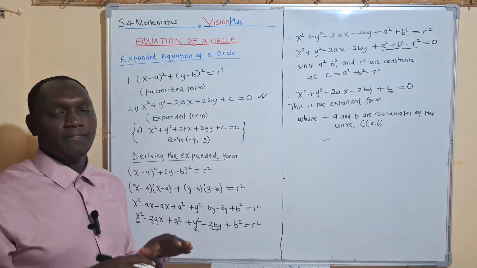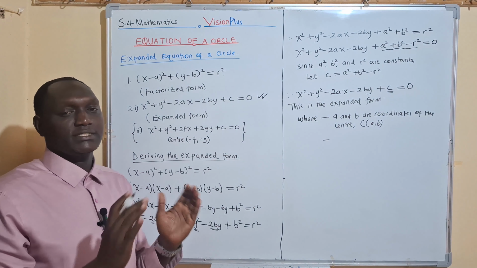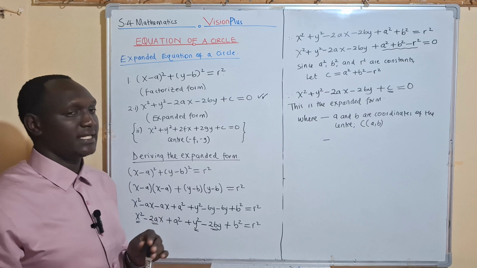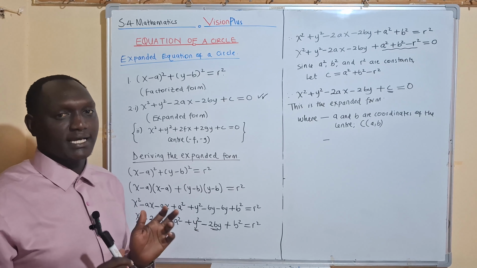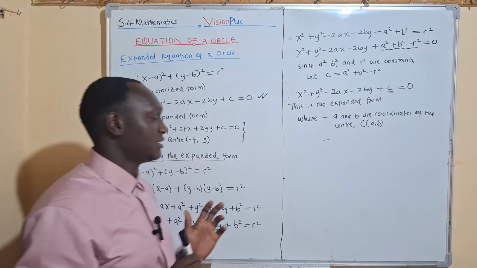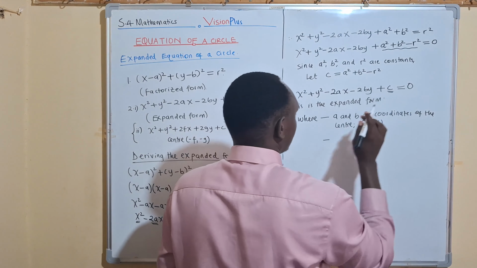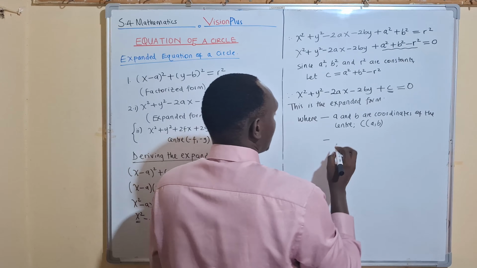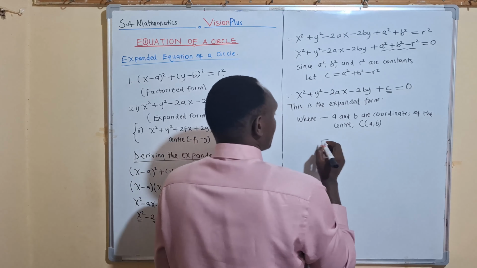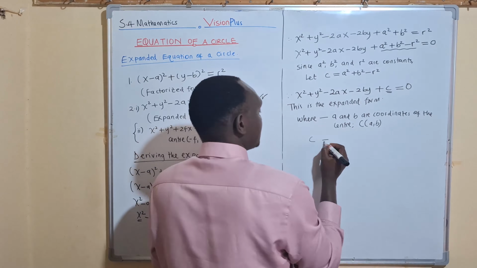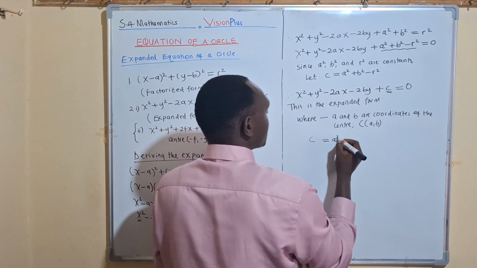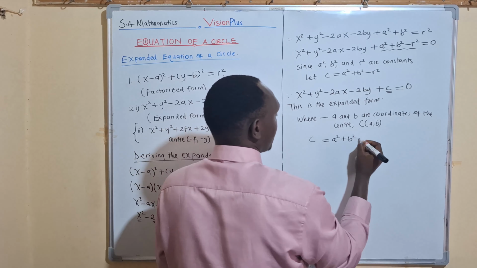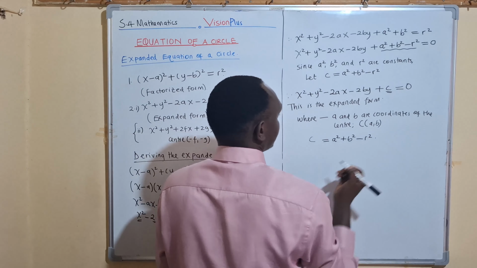It is a constant term that accommodates a² + b² - r². It is not the center, though they are both called c. Where c is given as a² + b² - r².